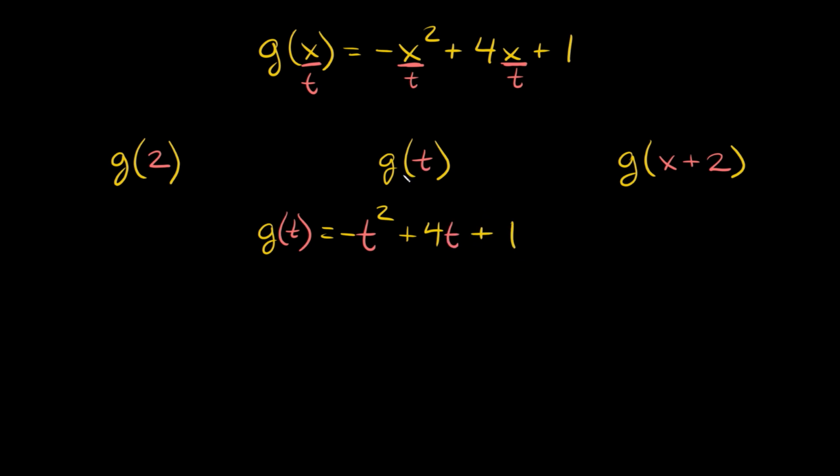Now whenever you're evaluating variables in your function, there's going to be times where you can't simplify it anymore, and that's going to be the case for this example. So this is going to be our final answer.